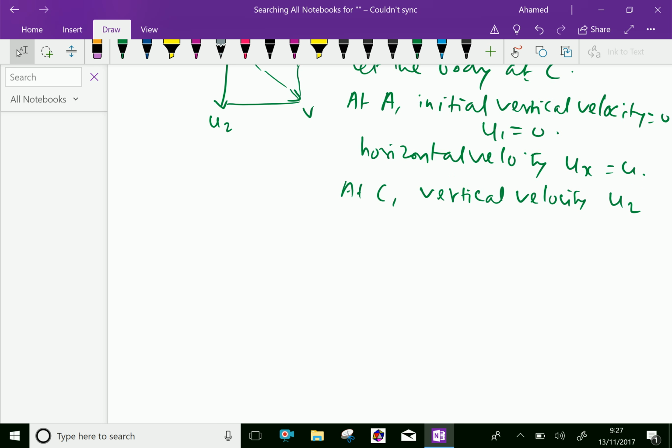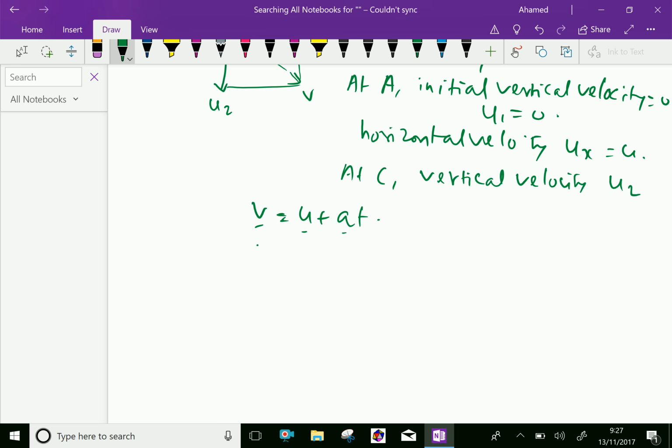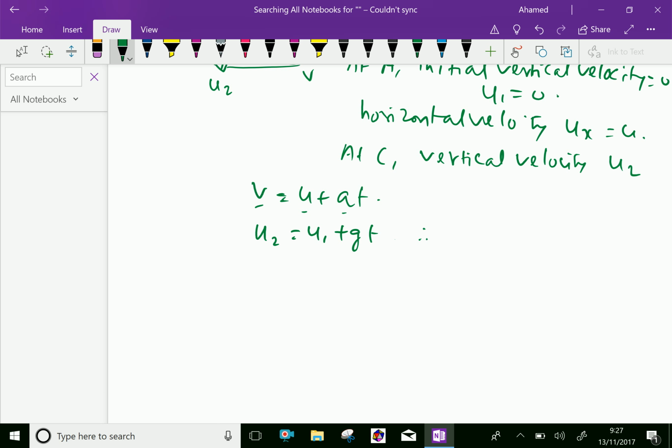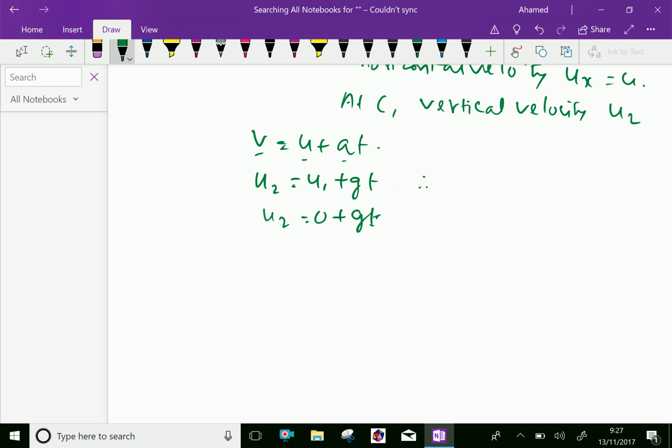From the equation we know that v equals u plus at, meaning final velocity equals initial velocity plus acceleration into time. Here the final vertical velocity is u2, u1 is the initial vertical velocity, plus a, which is g, times t. Therefore u2 equals 0 plus gt, because the initial vertical velocity is 0. Therefore u2 equals gt.